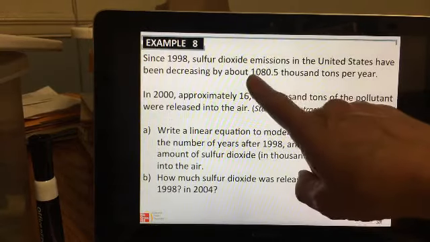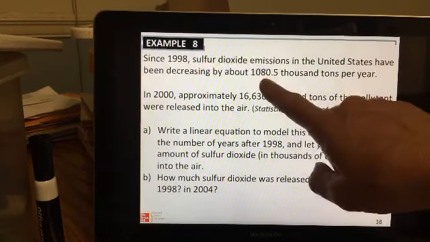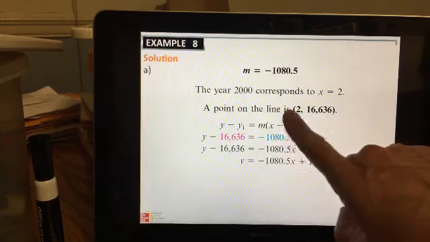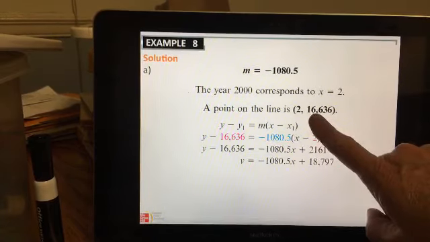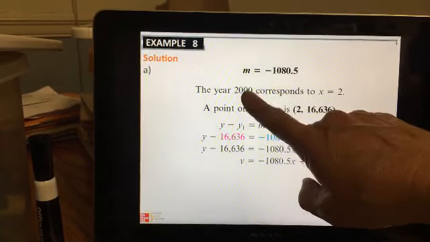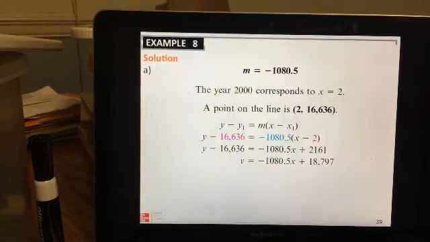Notice that this has been what's happened every year. So this is our slope, okay? And then we have points, okay? We had the value, a point on the line is 16,636. And they're saying 2000 corresponds to year 2 because it is 2 years after 1998 when the problem started.